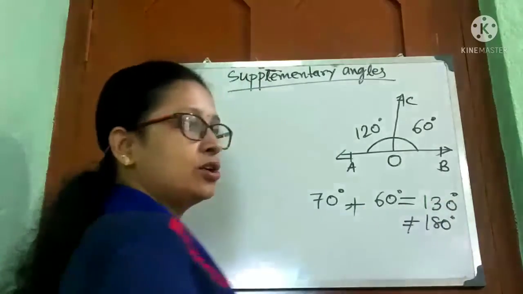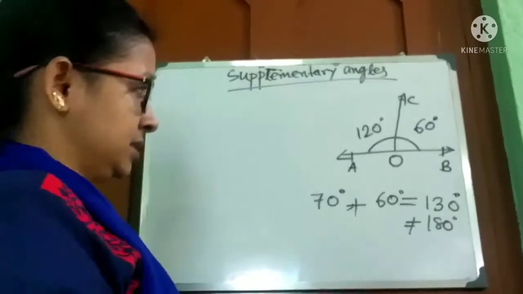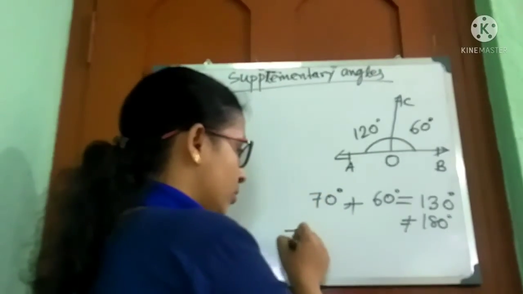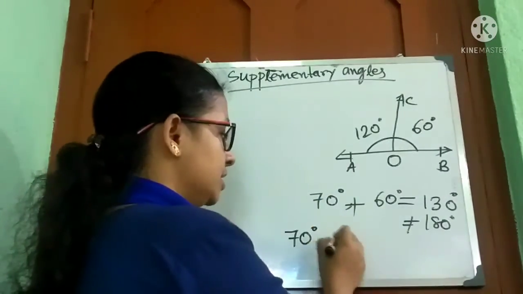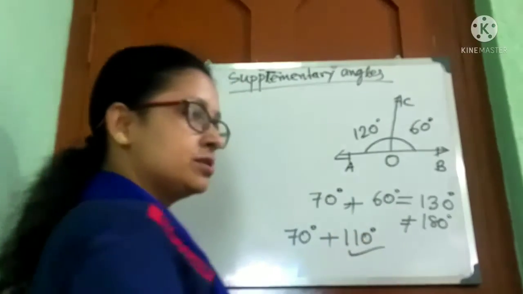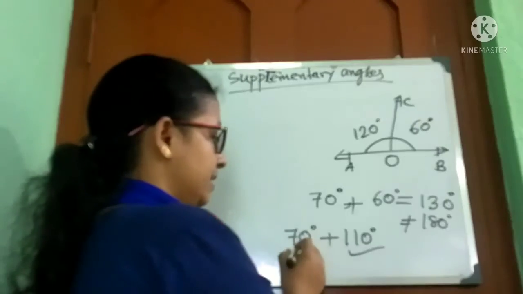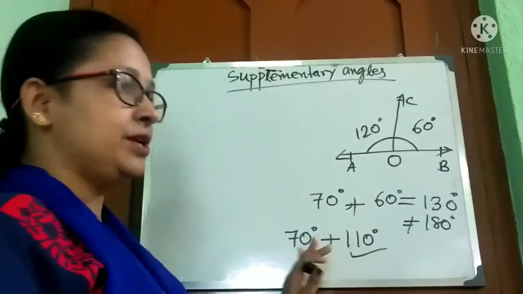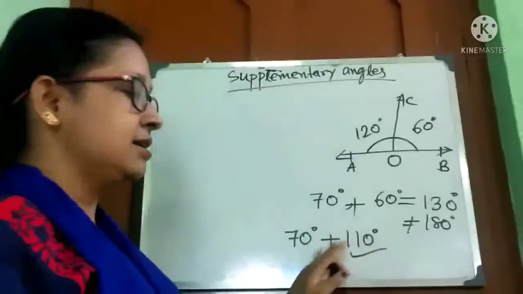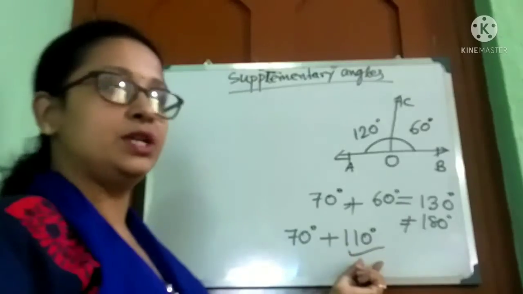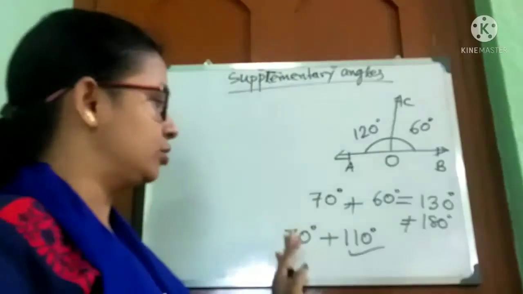But if one is 70 degrees, the other will be 110 degrees, which is obtuse because it is more than 90, and 70 is acute because it is less than 90. So between two supplementary angles, if one is acute, the other will be obtuse, and if one is obtuse, the other will be acute.